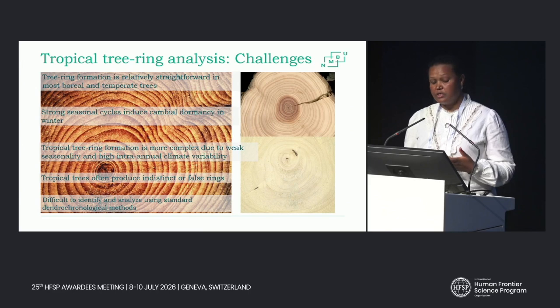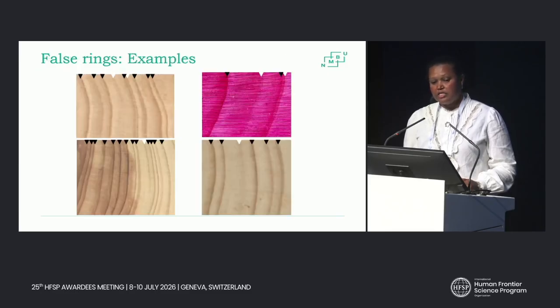Because of this, it's difficult to identify, characterize and extract different climate proxy parameters. We are more interested in its application for climate reconstruction, so it's very difficult to do that using the standard dendrochronological method. These are examples of false rings from our own samples.